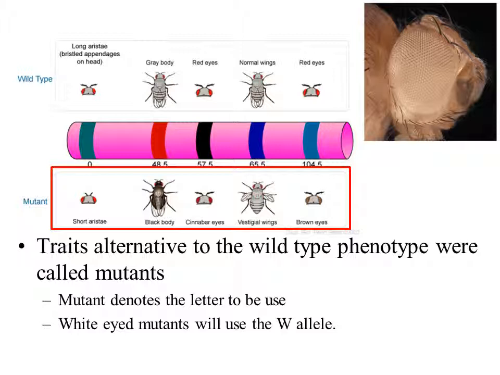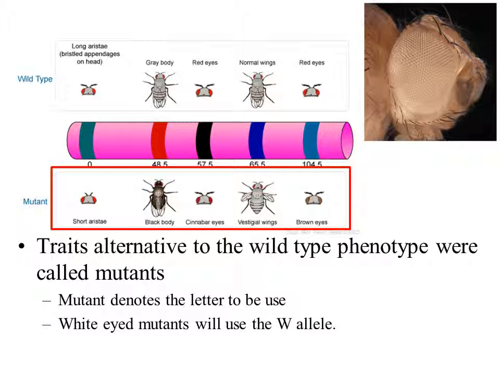Traits alternative to the wild type phenotype were called mutants. So out of the banana that was left out, if you saw maybe 5% or 2% white eyes, then that would be a mutant. So what Morgan did, he used the mutant to denote the letter to use.